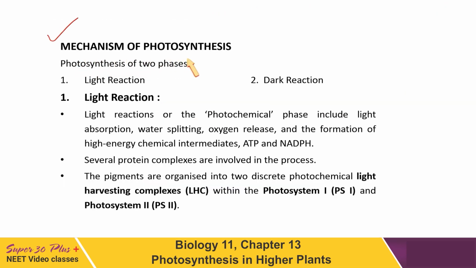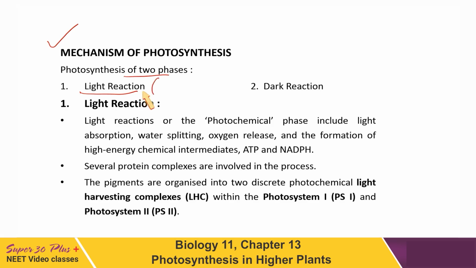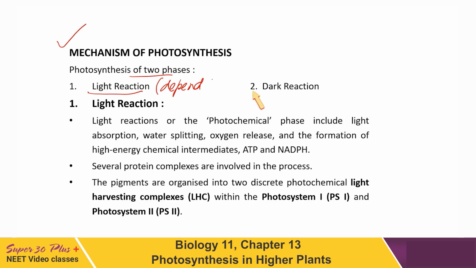Mechanism of photosynthesis. The overall process of photosynthesis has two phases. One is the light reaction, which depends upon light, it absorbs light energy, and this is followed by the dark reaction.